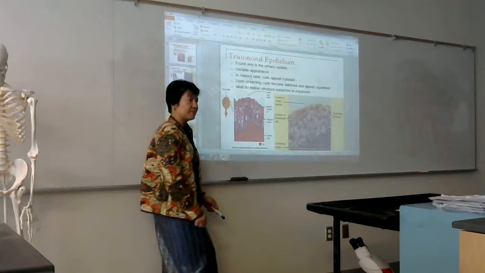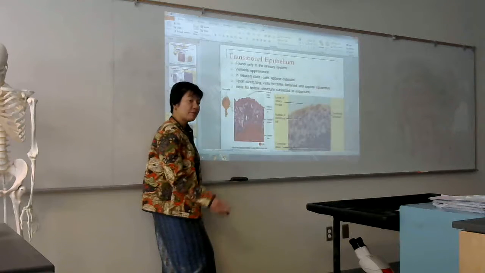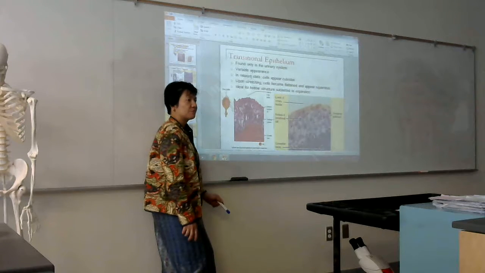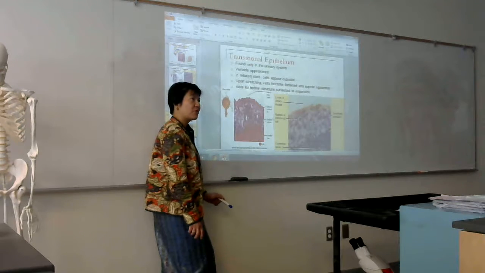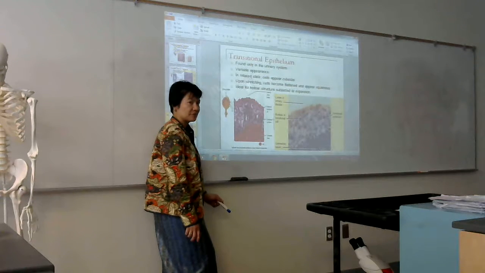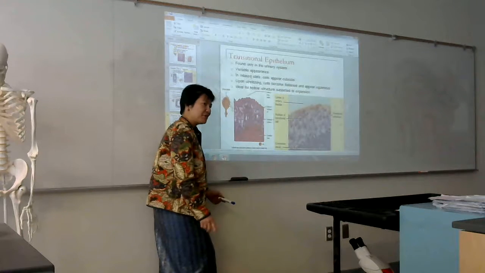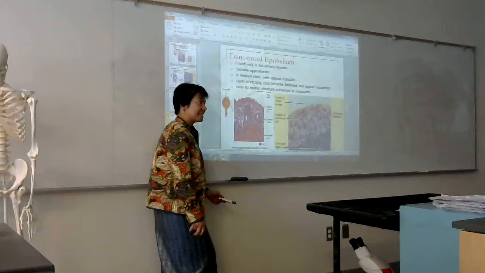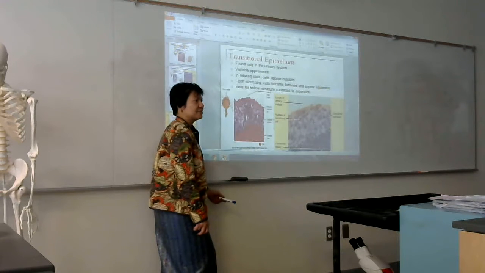Do you agree that of the 4 basic tissue types, which one do you think will have the highest rate of cancer? Is it the epithelium? Very good. Why? Because it's most exposed. That's very good, right?